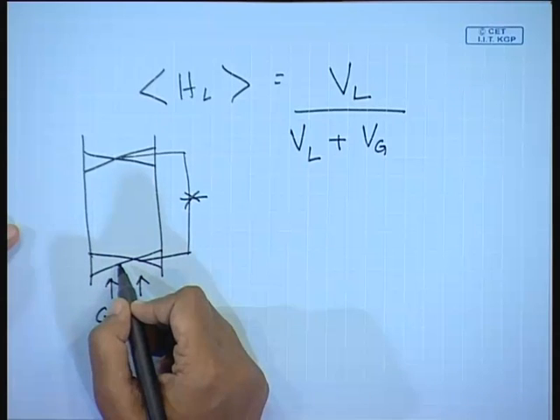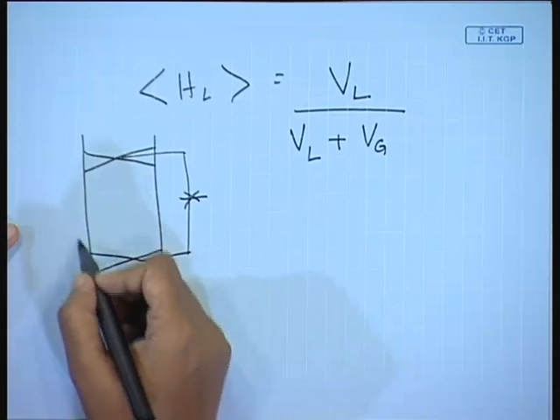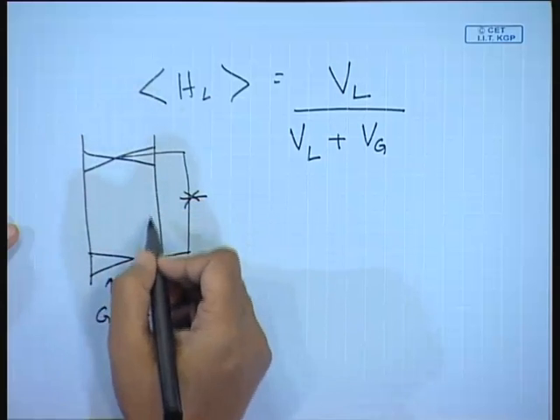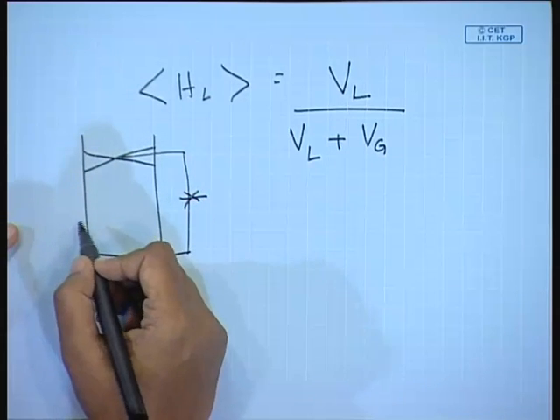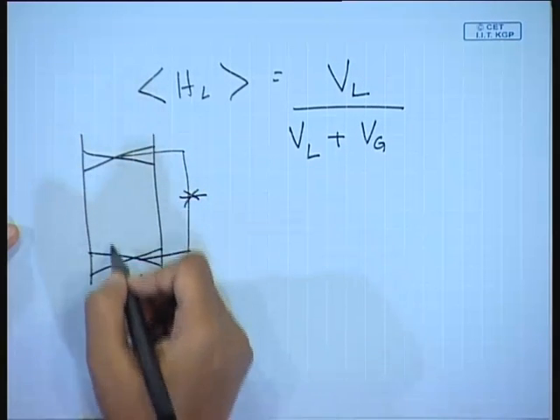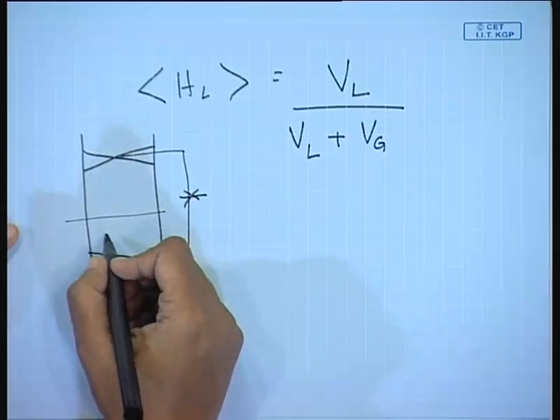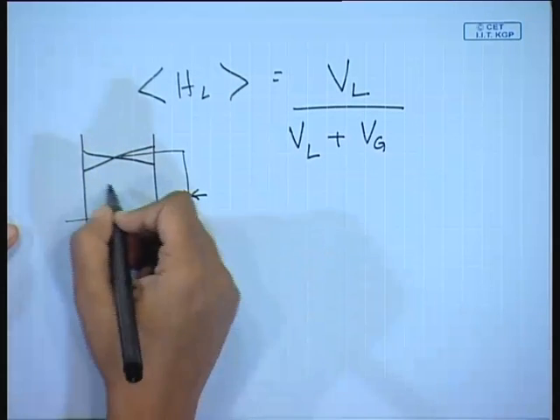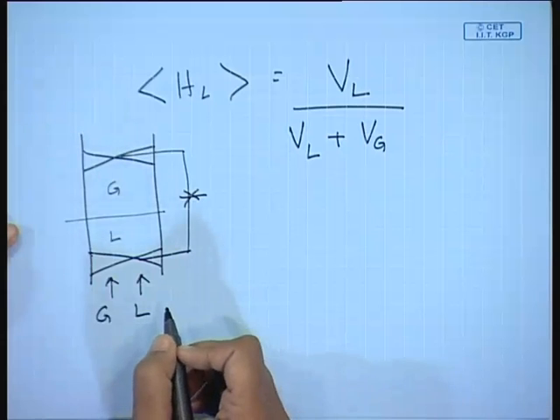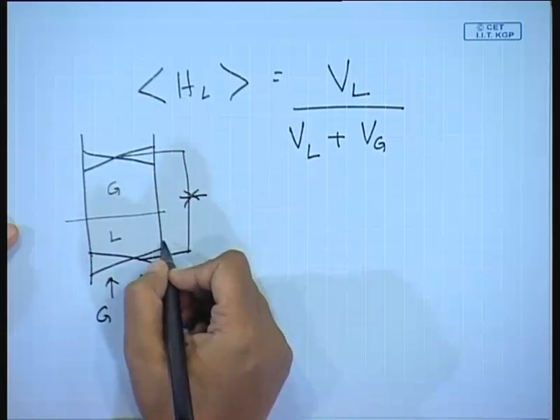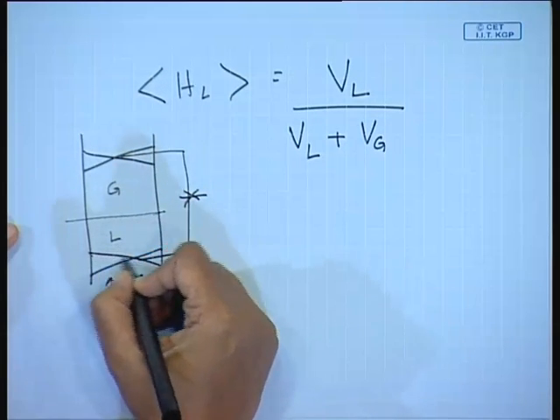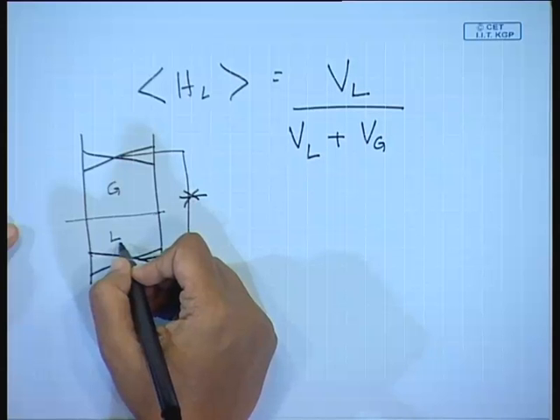Then what happens? Instantaneously the two phase mixture gets trapped here, and then they start separating due to density. The heavier phase, if it is the liquid phase, settles down here, and the gas phase is at the top. If we have a graph paper or something here, we can easily measure the volume which is occupied by the liquid phase.